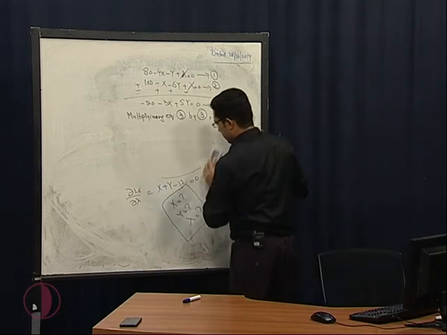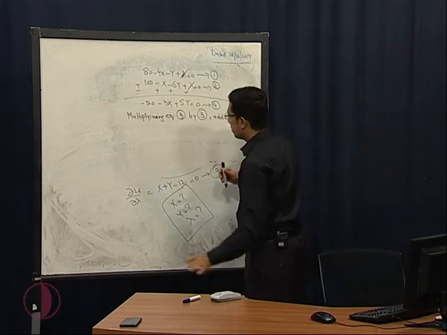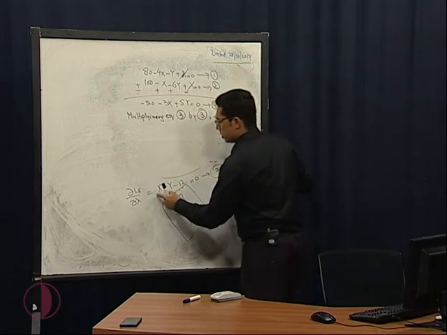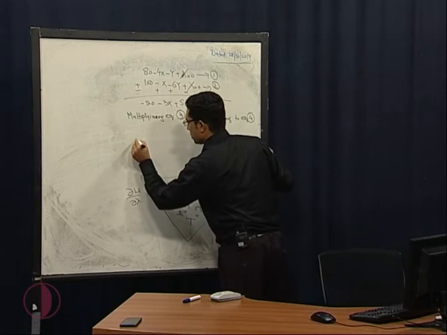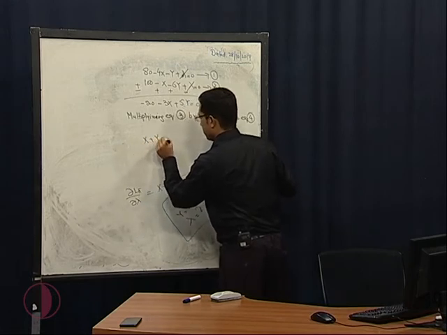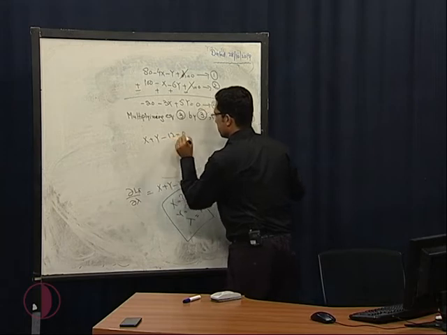This is equation 3: x plus y minus 12 is equal to 0.